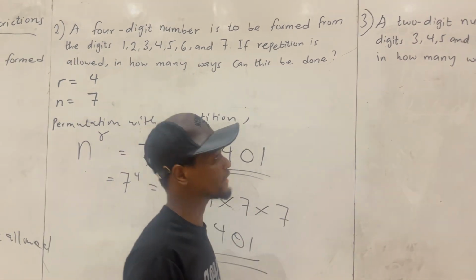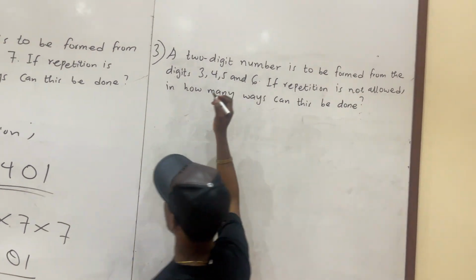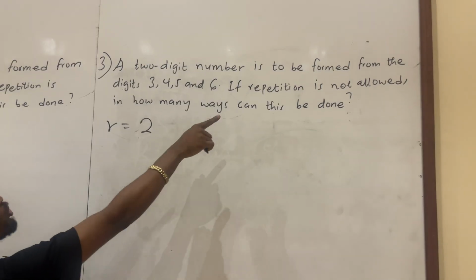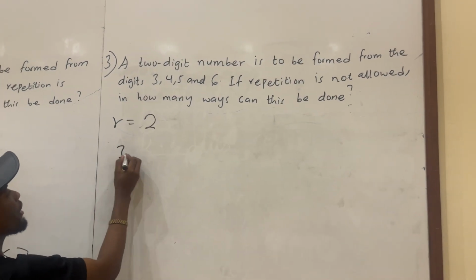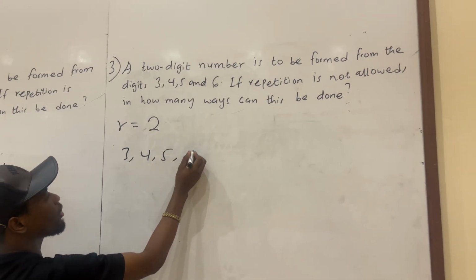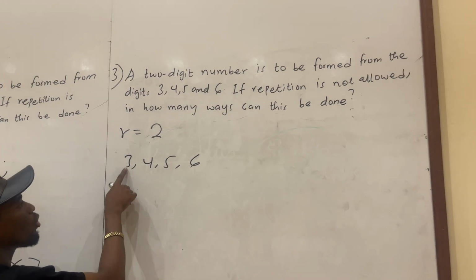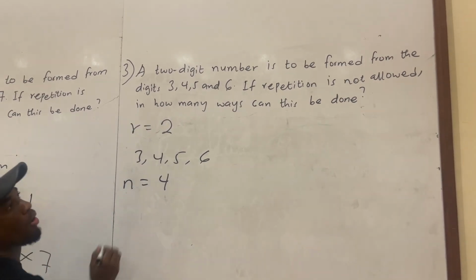The third question, we have a 2-digit number, so our r is equal to 2, to be formed from the digits 3, 4, 5, and 6. Let's count to know the total number of items: 1, 2, 3, 4. So therefore n is equal to 4.